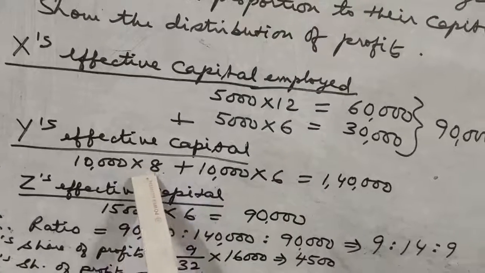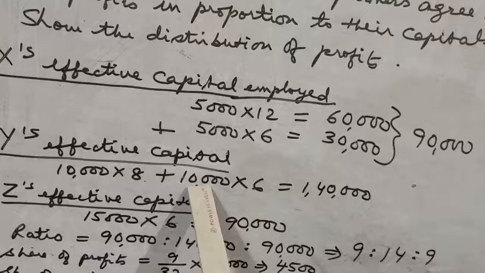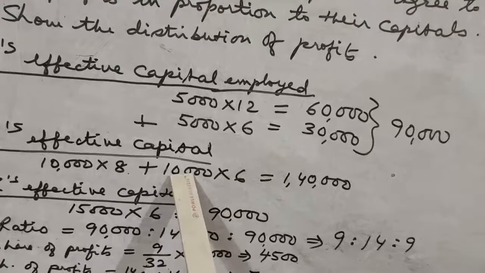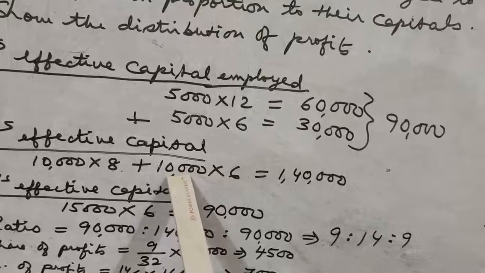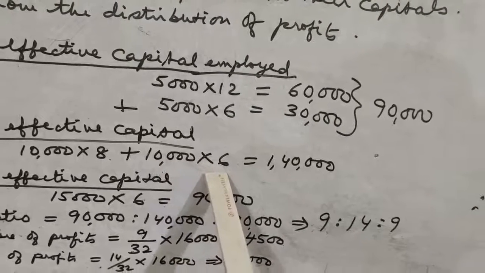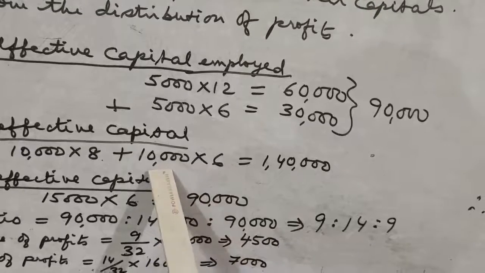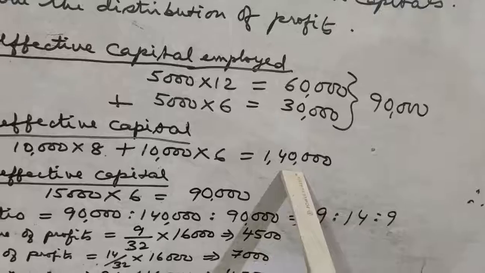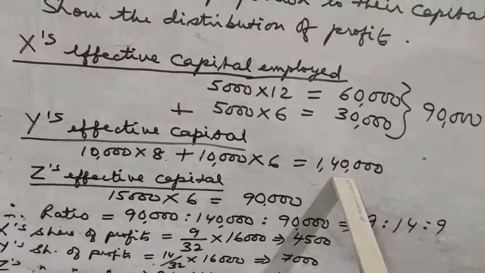So 10,000 into 8, and 10,000 rupees again he further puts in on 1st of October. So from 1st of October to 31st of March, that is another 6 months. So 10,000 into 6. So the total comes to 80,000 plus 60,000, 1,40,000. That is the effective capital employed by Y.